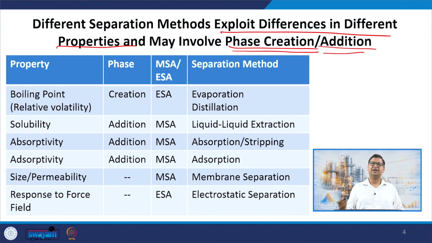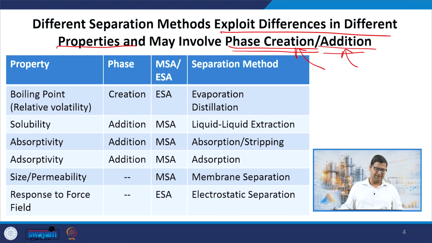We are supplying an energy separating agent, which is heat, and it leads to the creation of a new phase. In absorption, let's say I add an MSA and one of the components gets absorbed in the mass separating agent, and here the separation is happening by phase addition, right?